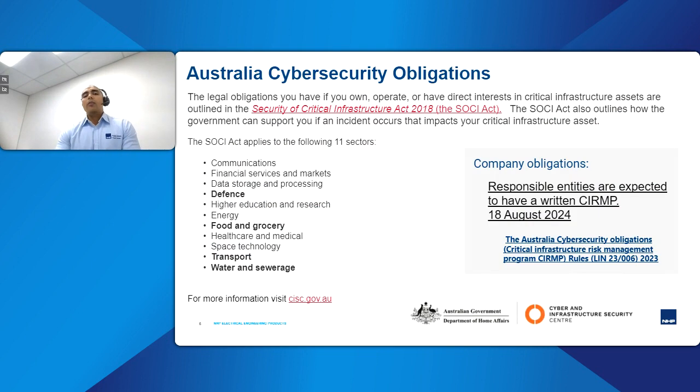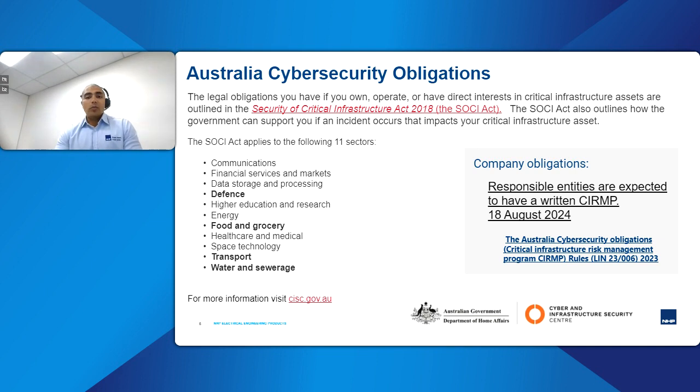But what is happening with the government, with Australia and New Zealand? Let's start with that, because some people say this is too wordy, talking about cybersecurity. A lot of companies are just creating fear about cybersecurity, but what is the government posture? What is the government requesting? You may have been reading about the Security of Critical Infrastructure Act in Australia.